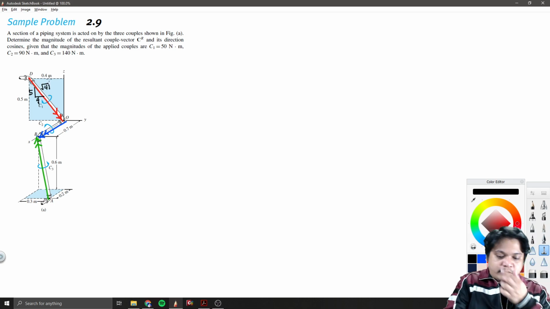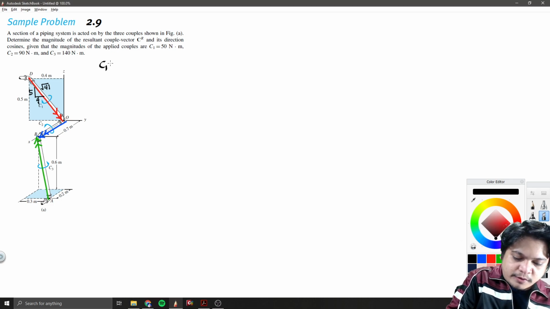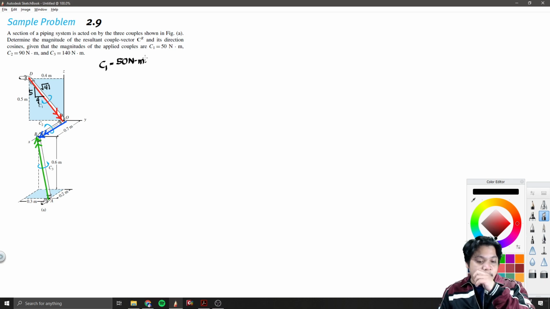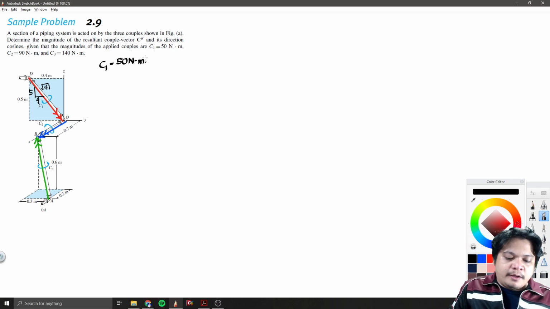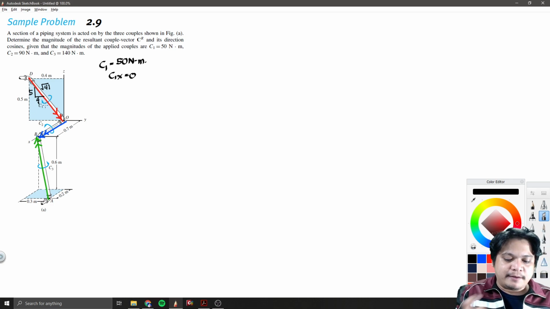Okay? So, punta ako sa C1. Okay? So, I will be having here the C1. So, ang C1 ko is 50 Newton meter. Okay? Ngayon, yung X ko, wala. So, yung C1X is 0. Bakit? Yung couple ko, it lies on the Y and then Z. Okay.